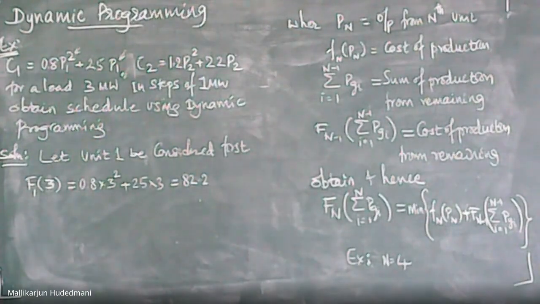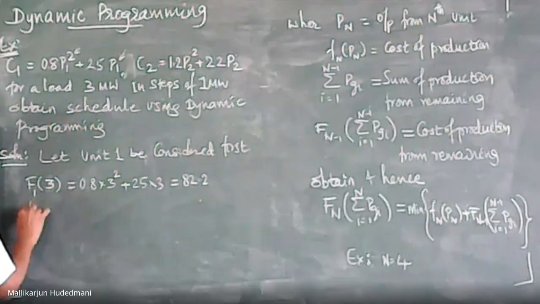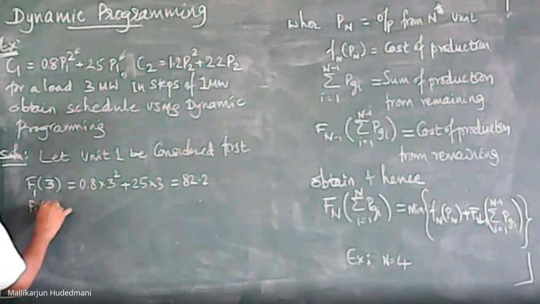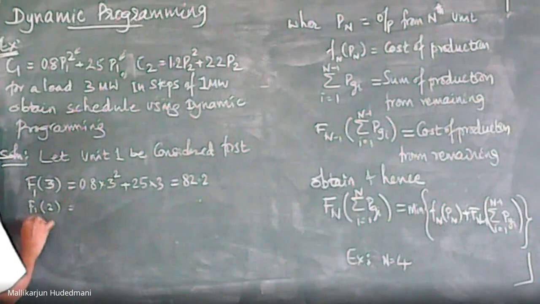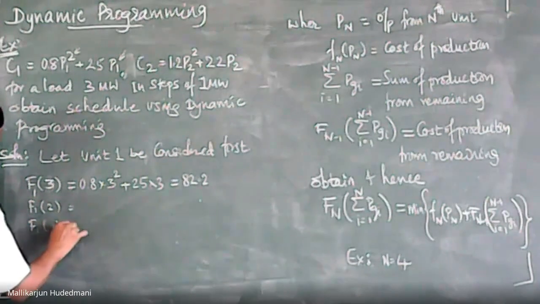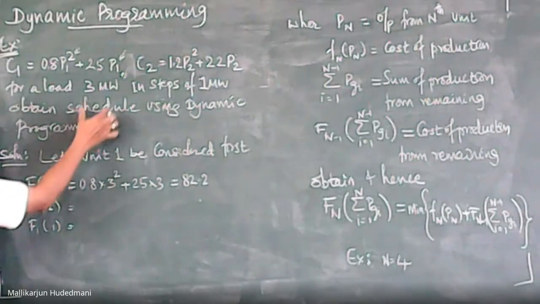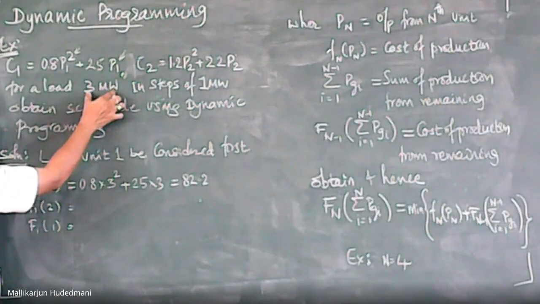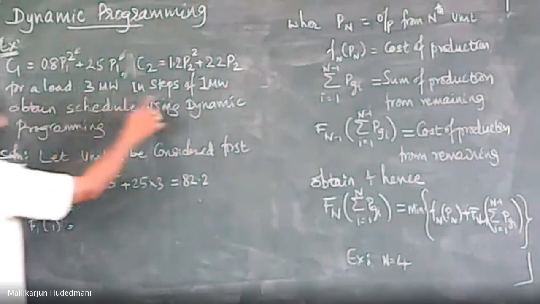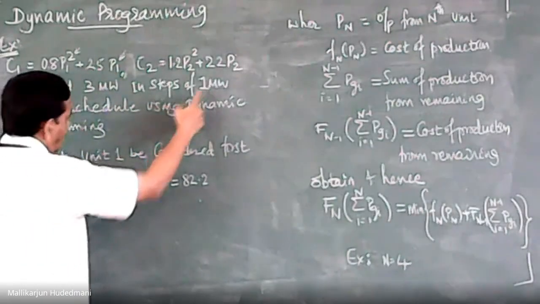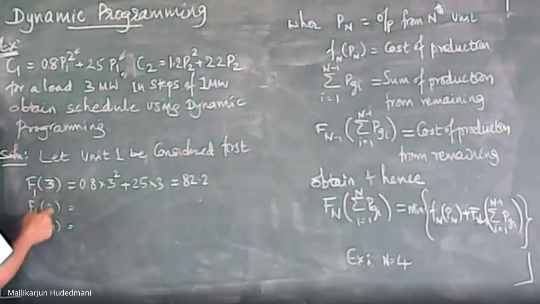Now what should I do? I should do F1 for 2 megawatt, and F1 for 1 megawatt. I can do it directly on the calculator. It means the 3 megawatt load is to be addressed by these combinations. I can do 1, 2, 3 or 3, 2, 1.